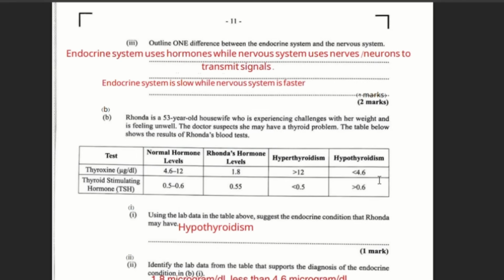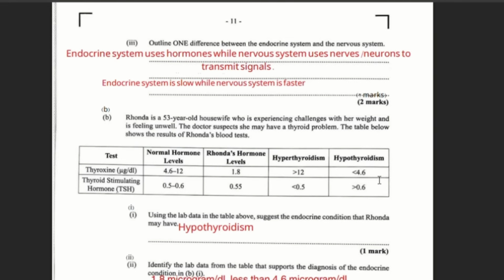The endocrine system releases hormones within the bloodstream, and the nervous system uses neurons to send messages all over the body. You have your motor neurons, sensory neurons, all of those things, and hormones are a different situation.